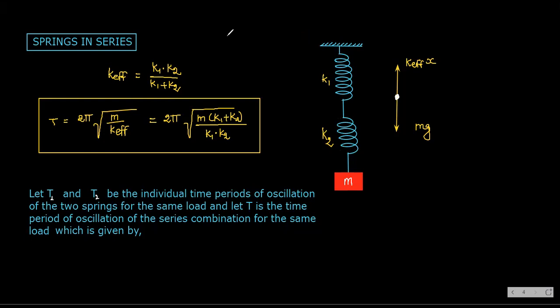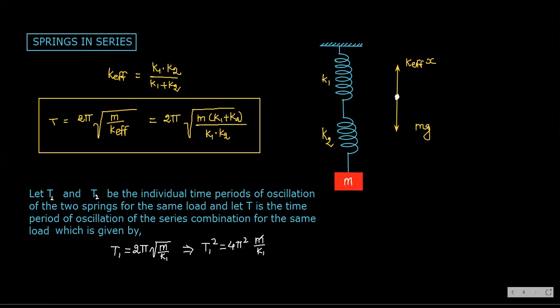Let's see here. Now see, can I write like this? T1 is equal to 2 pi under root m by k1. Okay. Yes. And therefore, can I square it on both sides? What I am getting, see, T1 square is equal to 4 pi square m by k1. Right?